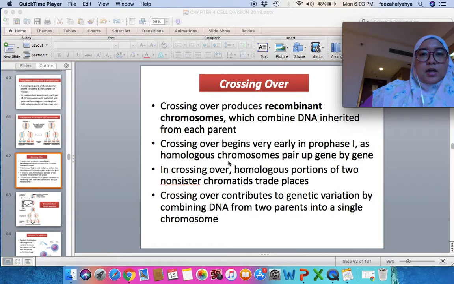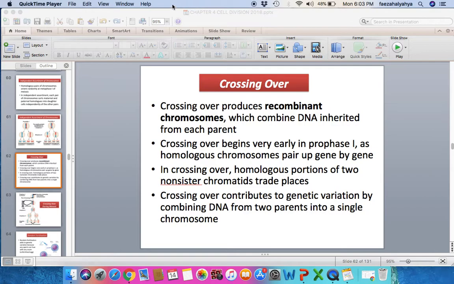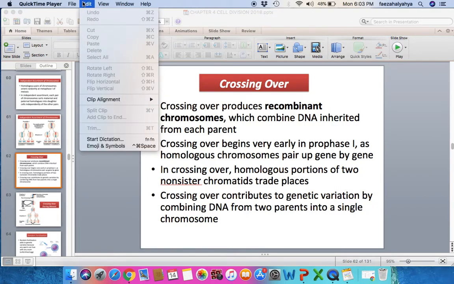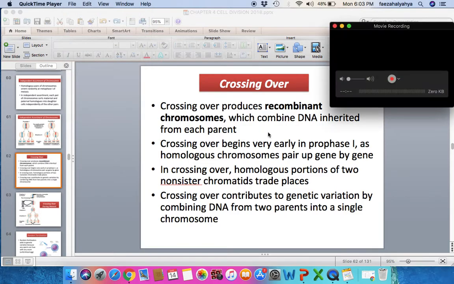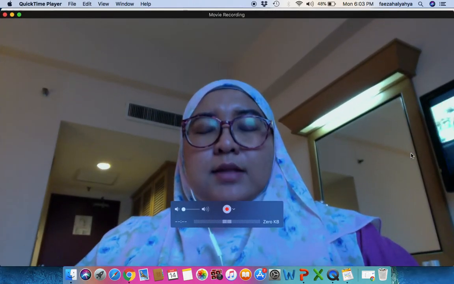So ingat balik waktu crossing over yang berlaku waktu prophase 1, okay. So waktu prophase 1, dia bertukar genetic material, okay. It change genetic material at synapsis.